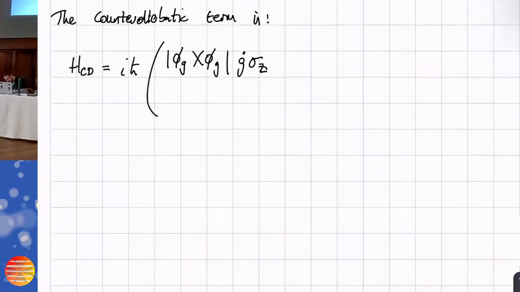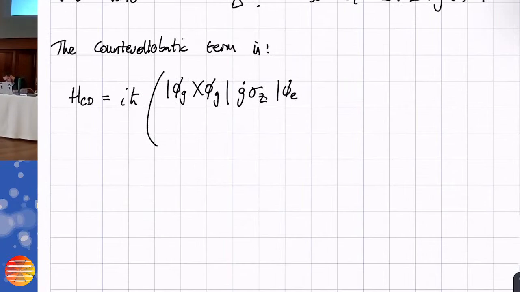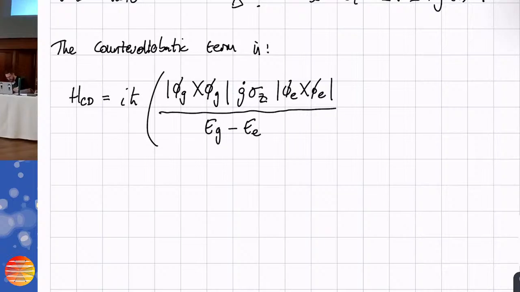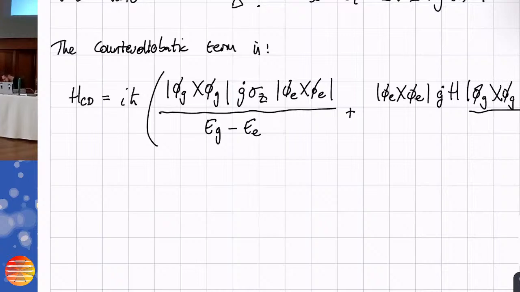I get phi e, g dot sigma z, phi g, divided by the energy difference Eg minus Ee. And then plus the other term where I just swap the excited and ground indices: phi e, g dot sigma z, phi g, divided by Ee minus Eg.